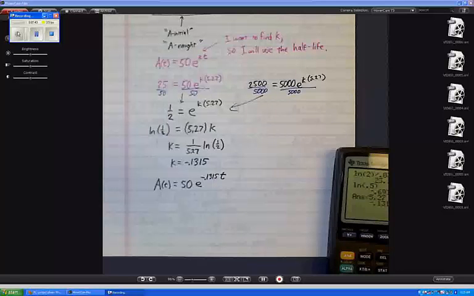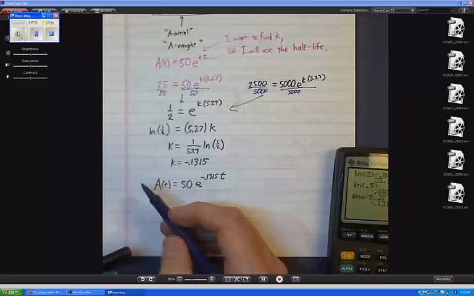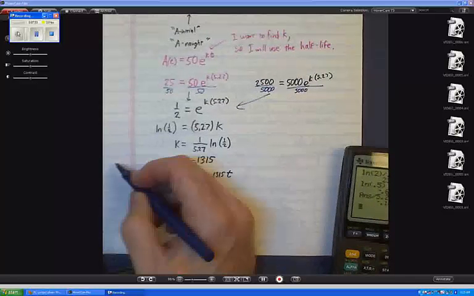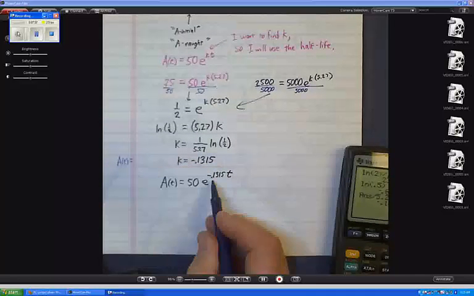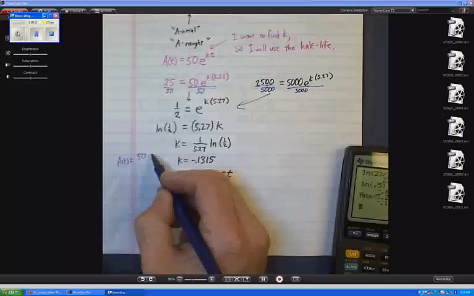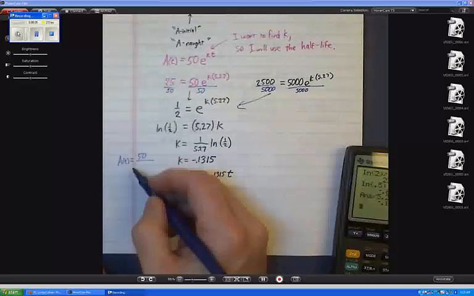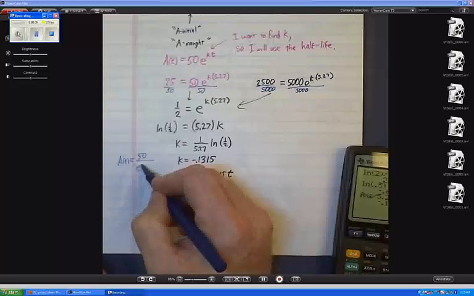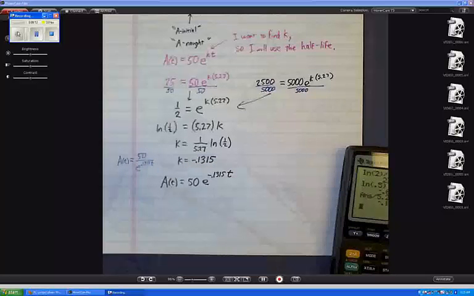Hey, by the way, you're putting in a negative number for your exponent. I'm just going to point out over here on the side that that's the same as, although people don't write it this way very often, A of t equals, what's the negative exponent mean? It means reciprocal, right? So this is 50 over e to the 0.1315 t. But people won't write that very often.